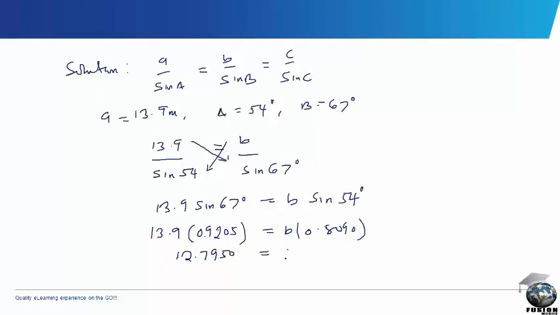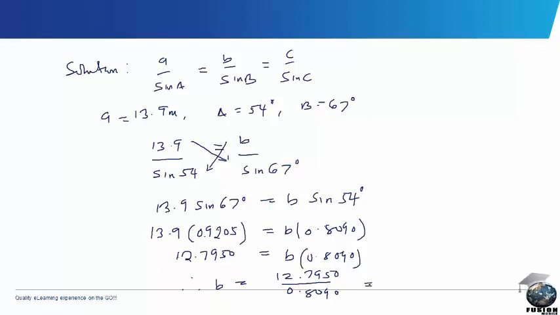Therefore b will be equal to 12.7950 over 0.8090.